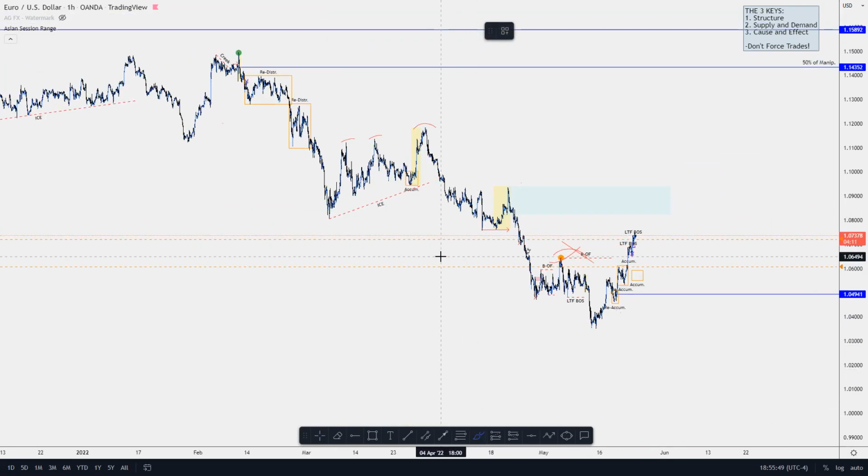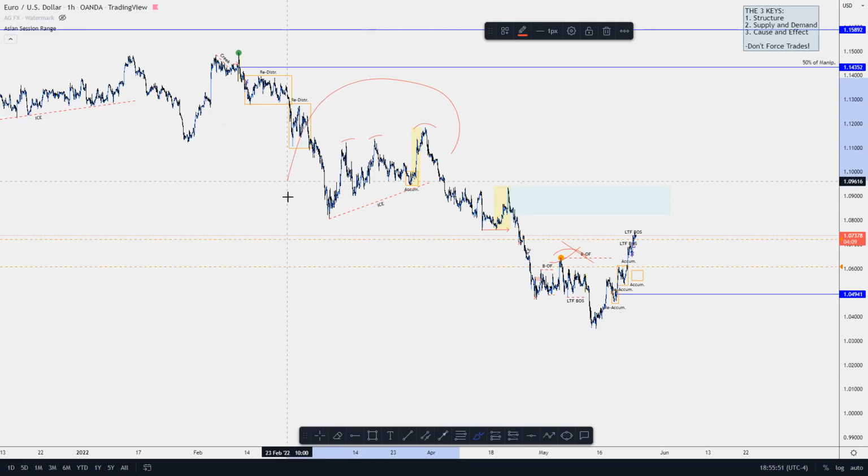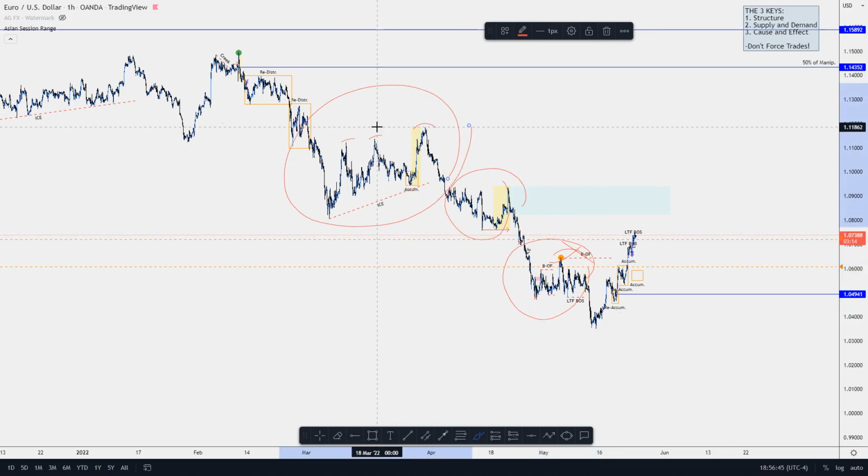Sellers are in control of the market. You can see that we have this main supply area, another supply area, and then this recent supply area here. But what is the strong supply area? What is the weak supply area? This is the strong supply area. So this area is the most recent strong area where sellers were present inside of the market.